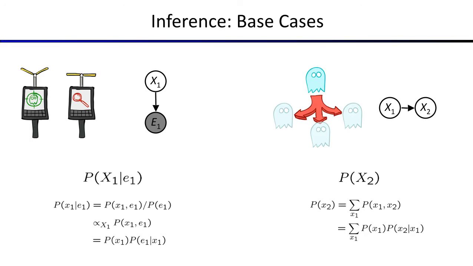So this little fishtail symbol that we've drawn means that the second line is proportional to the first line, up to some constant that doesn't depend on x, which is the variable that we actually care about querying. So we form the joint distribution, which is what we want, up to a constant. And then if I wanted to figure out that posterior right now, I would just divide through over all of the values of x in order to turn it into a probability distribution. Does this look familiar? Okay.